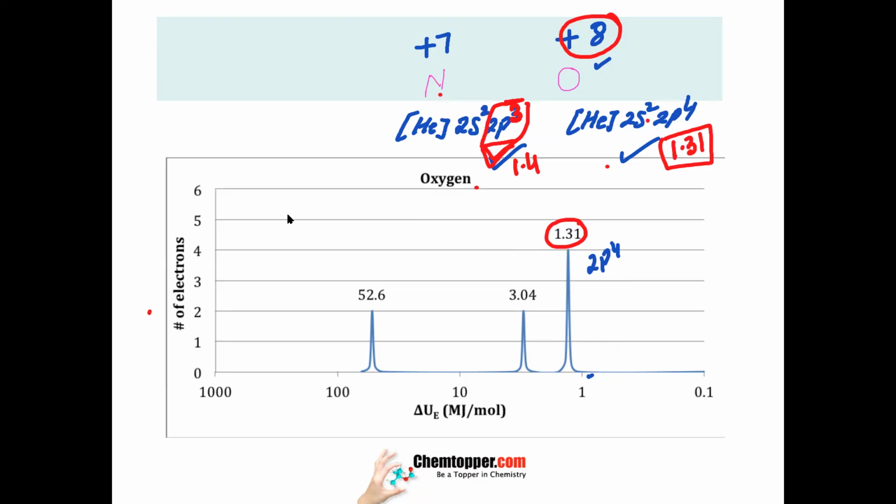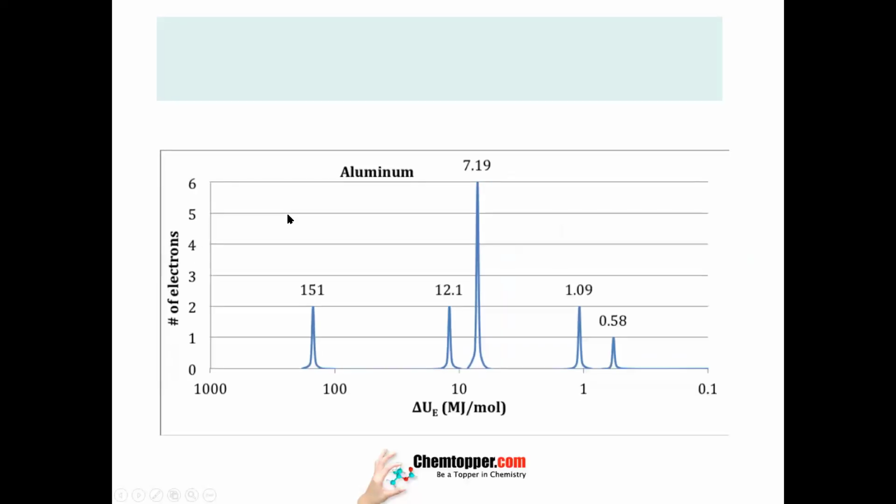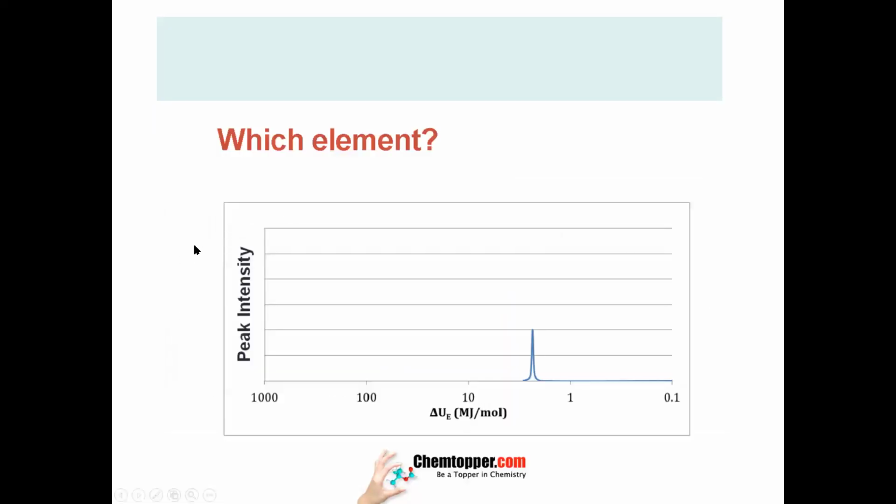I'm not getting a very good response from all of you. Let's see if we have some questions. Which element is this? It has only one shell. Yes, it is helium, 1s2.